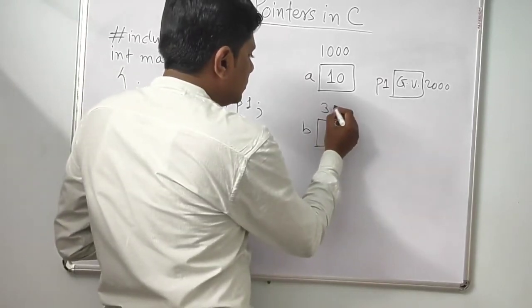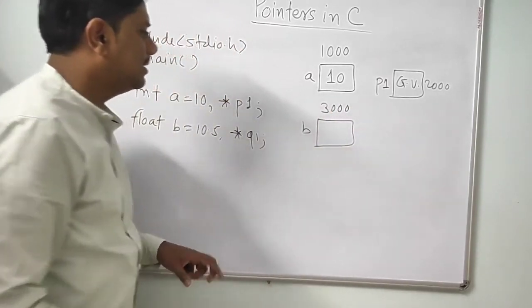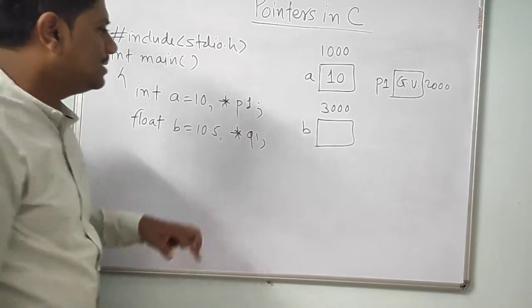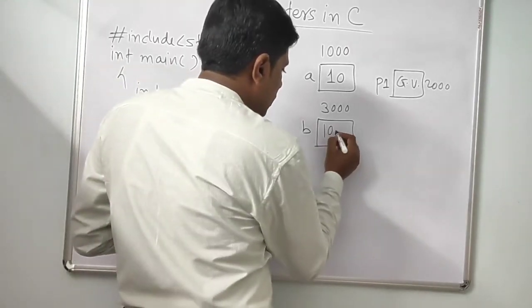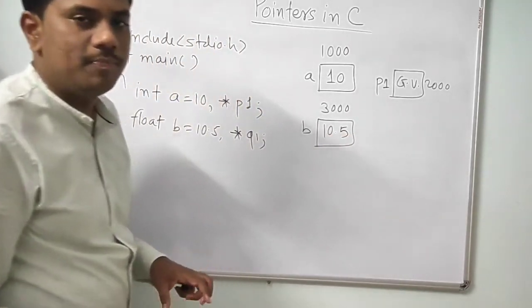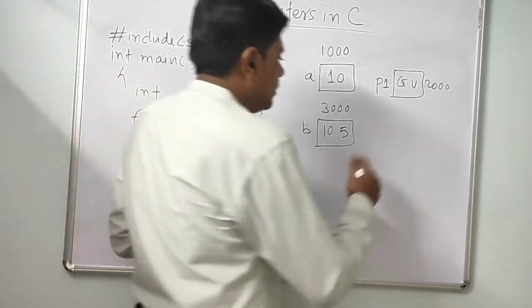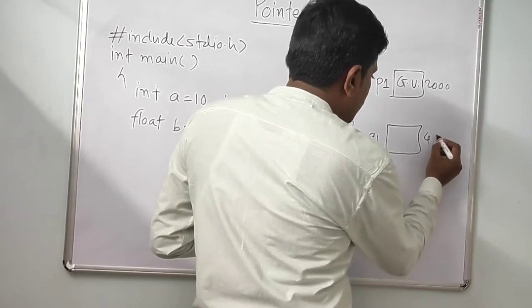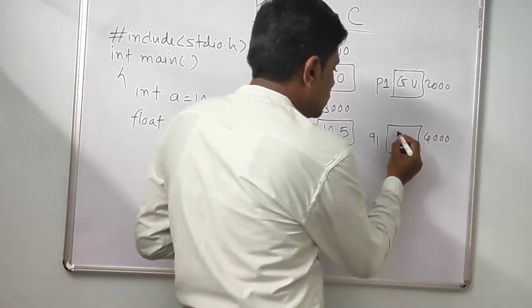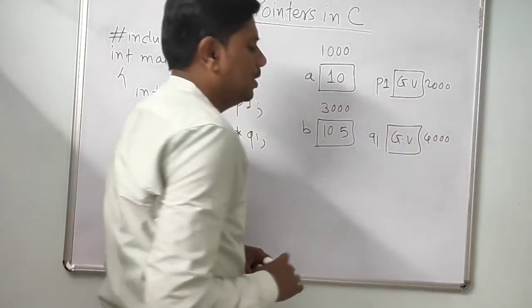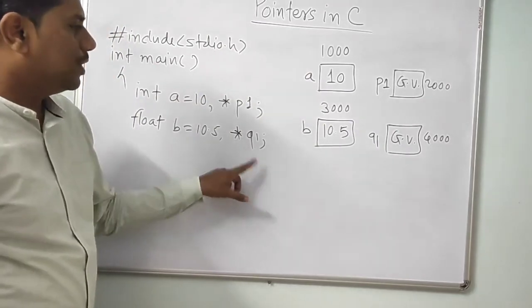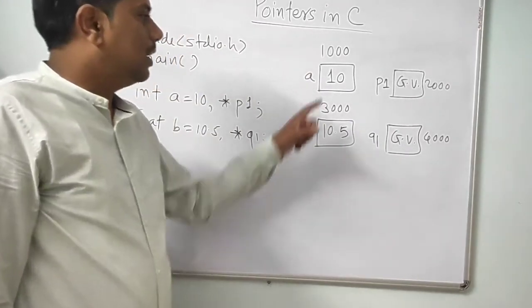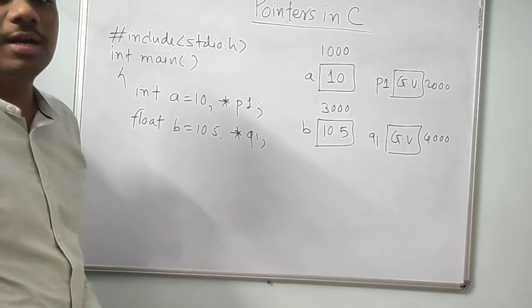Consider the address is 3000 and b is initialized with 10.5 value, and then we have taken one float pointer q1. Consider the address is 4000 and it will have the garbage value right now, because we have not yet initialized q1 and p1. So this is the current status.